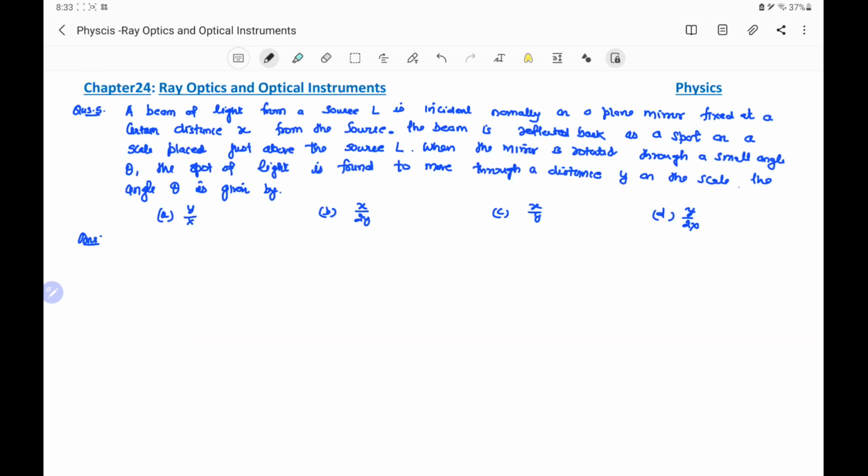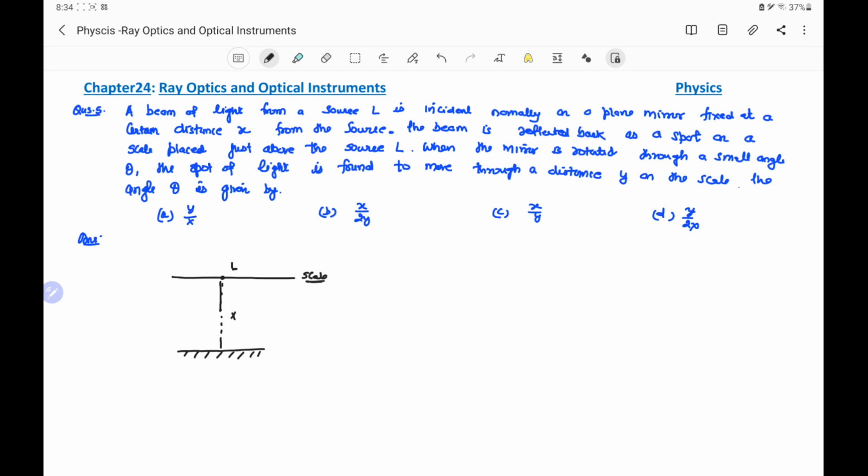Next question: a beam of light from the source L is incident normally on a plane mirror fixed at a certain distance x from the source. Suppose L is the source of light and at a distance x there is a mirror. The beam is reflected as a spot on the scale placed just above the source L. So just above it there is a scale.